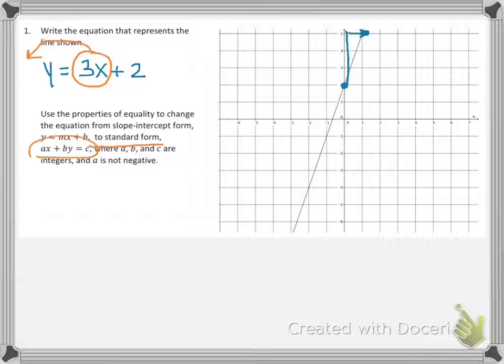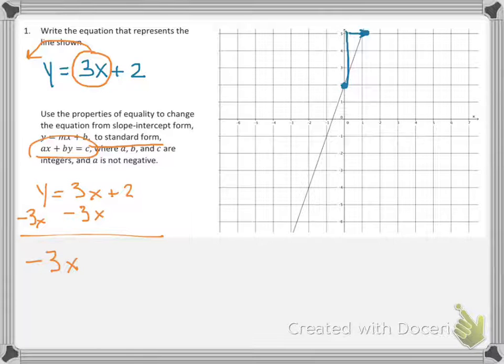So I'm going to take my y equals 3x plus 2, and I'm going to subtract the 3x so that it moves over to the left side. And that gives me a negative 3x plus y equals, what's left on the right side is 2.